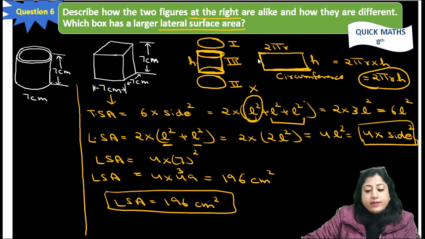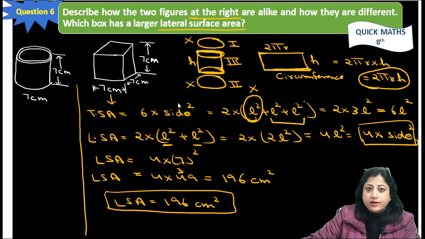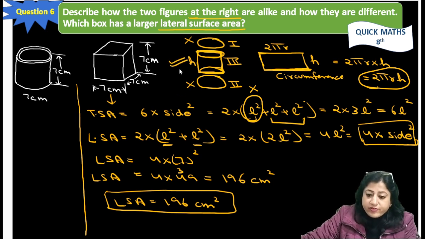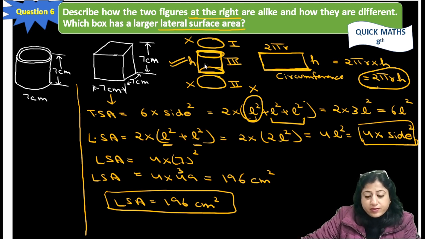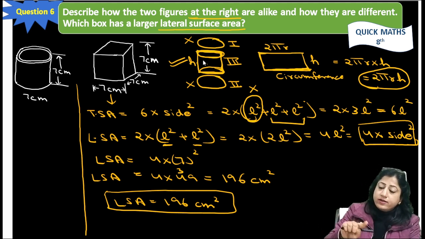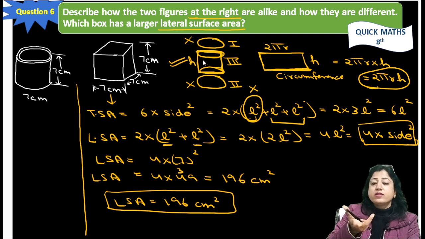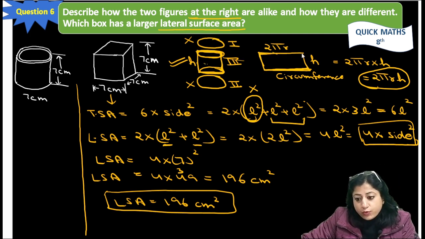So what is lateral? Lateral means that portion that contains height. The top portion doesn't contain height. The bottom portion doesn't contain height. Only the middle region contains height. This middle region is a rectangle when we open it, but when we fold it, it becomes the circumference of a circle. So the length will become 2 pi r, the circumference, and this is the height.